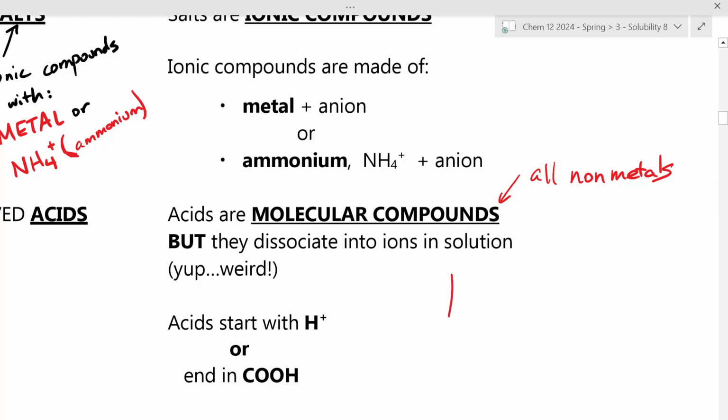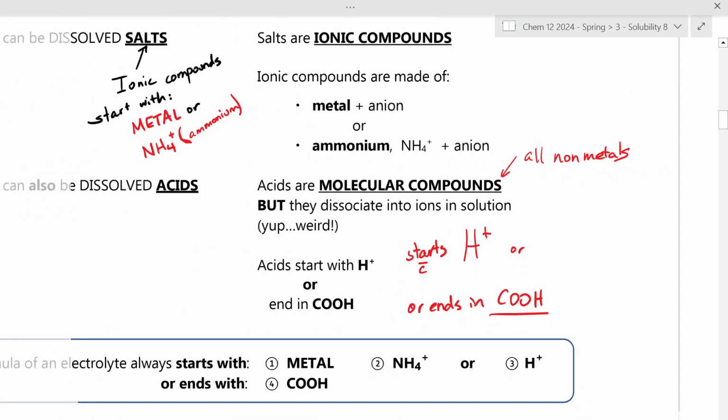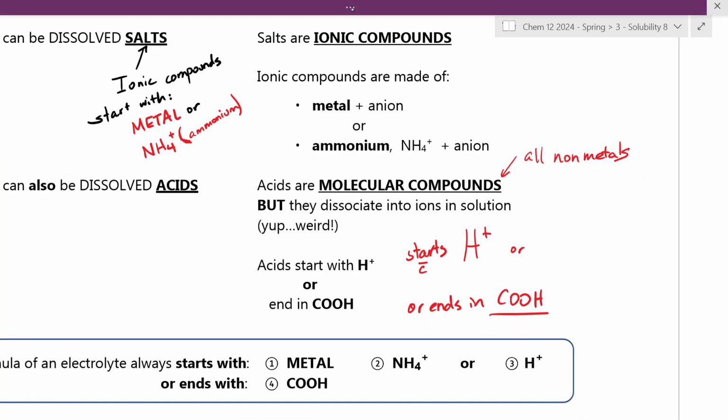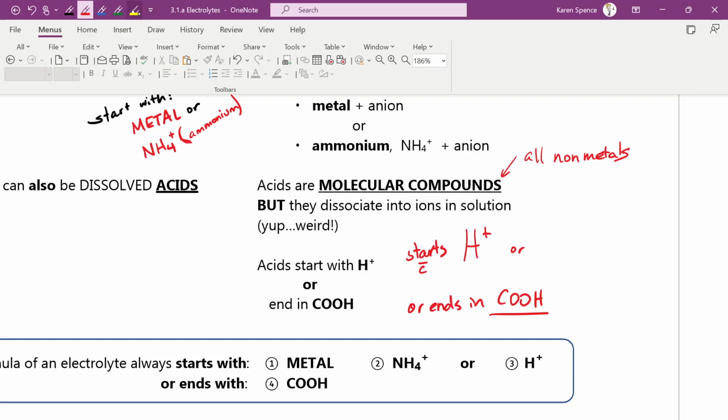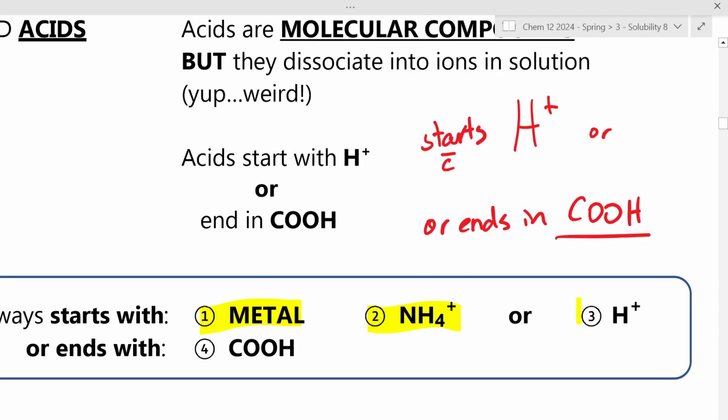Starts with H or... yes, starts with H or ends in COOH. So basically, if you want to know, do I have an electrolyte? It's always going to start with a metal or NH4 or hydrogen or COOH.